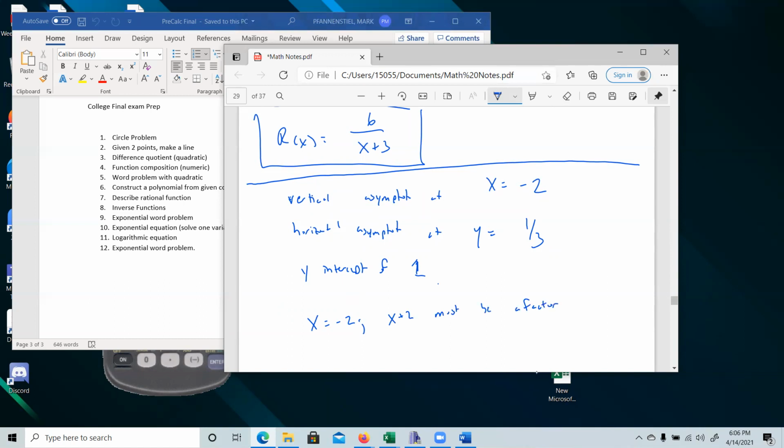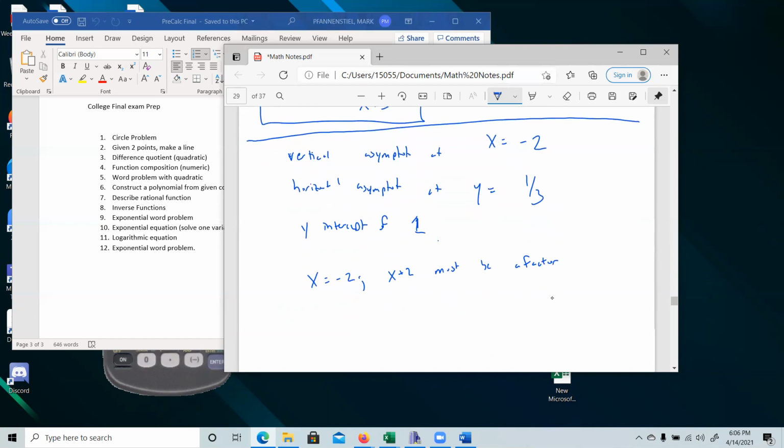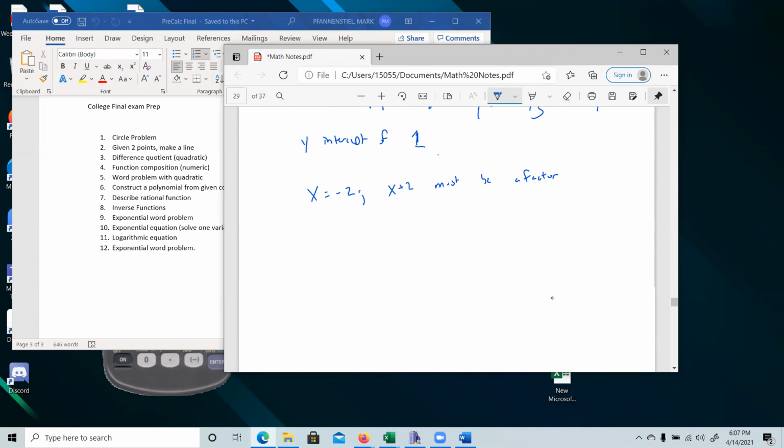What do we know about the top? Well, we know that the degrees of the top and the bottom are equal. So the bottom has an x plus 2 in it. The top is going to have some kind of an x plus a here.